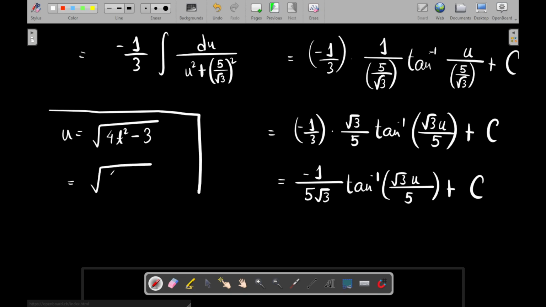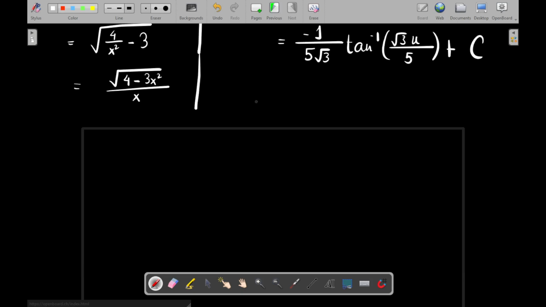So this is just 4 upon x square minus 3, right? So this changes to square root of 4 minus 3x square divided by x. I believe this is the substitution of u in terms of x, right?